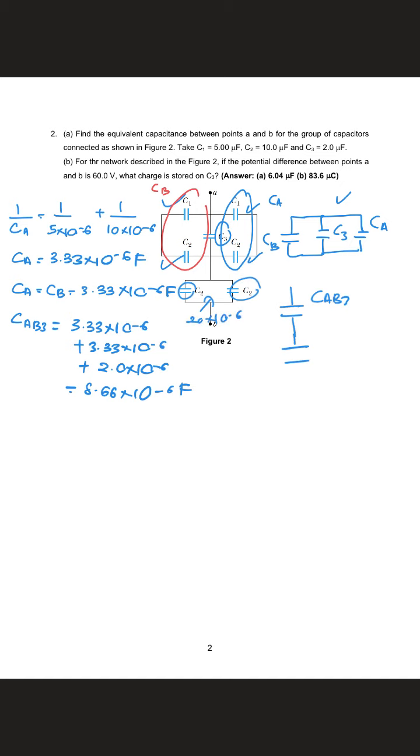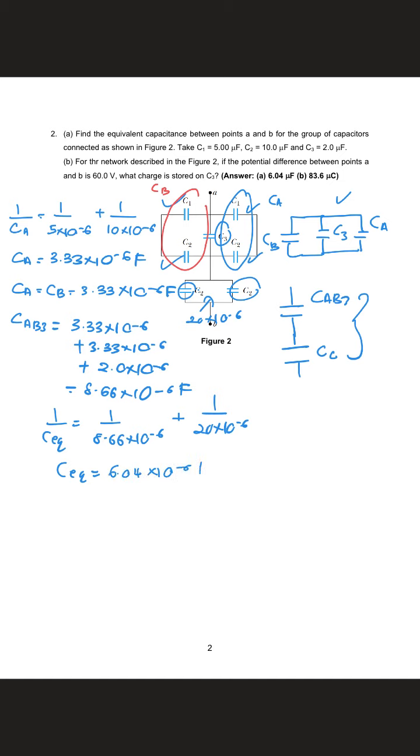I put it as CC to represent the combination of the two C2. Then I find the combination of this, the C equivalent: 1 over 8.66 × 10^-6 plus 1 over 20 × 10^-6. So I get my equivalent capacitance, 6.04 × 10^-6 farad. We are done with that.